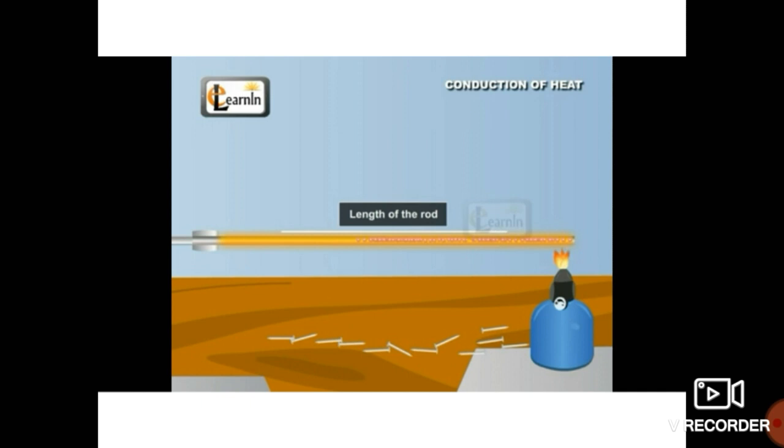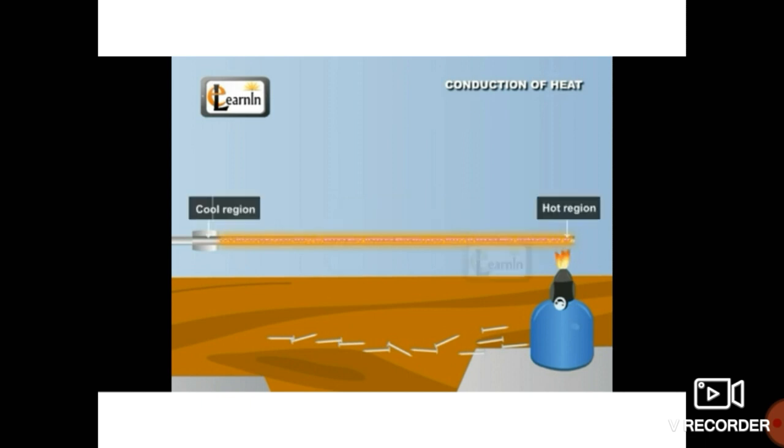In this way the heat energy is transferred from the hot region to the cold region. The end heated by the spirit lamp is the hot region, while the end attached to the stand is the cool region, as heat is absent over there.